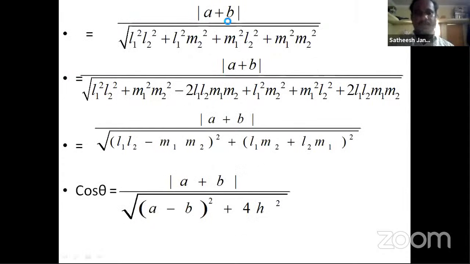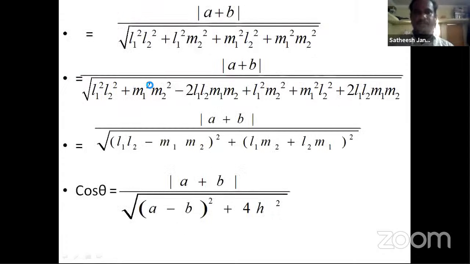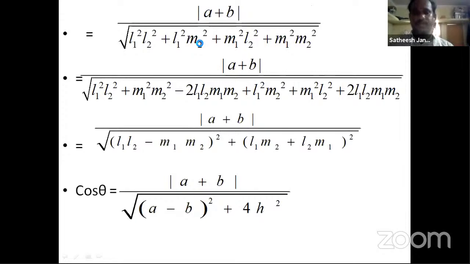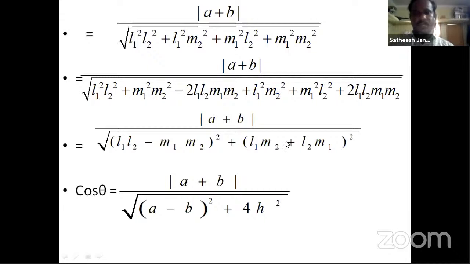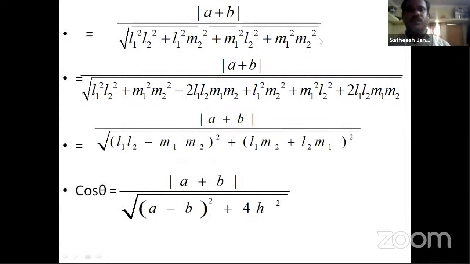Modulus of a plus b by the product: L1 square into L2 square, that is L1 L2 whole square. Next, L1 square multiplying with M2 square, that is L1 square M2 square. Next, multiplying M1 square with L2 square, that is M1 square L2 square. Last one, multiplying M1 square with M2 square, that is M1 square into M2 square.